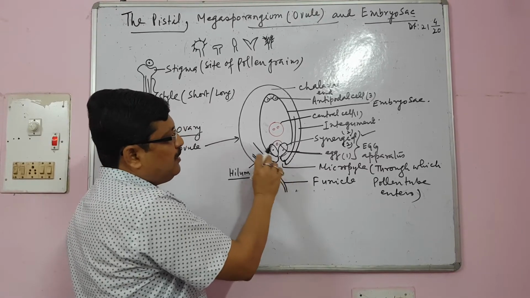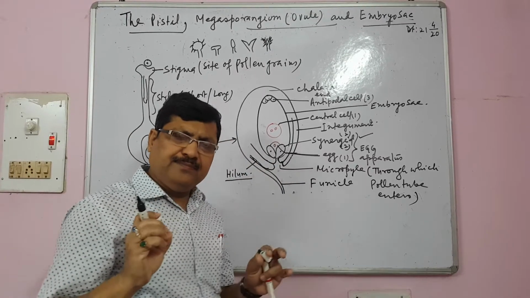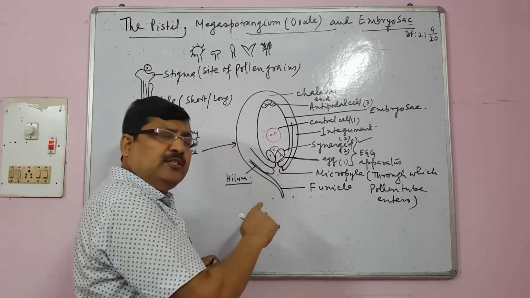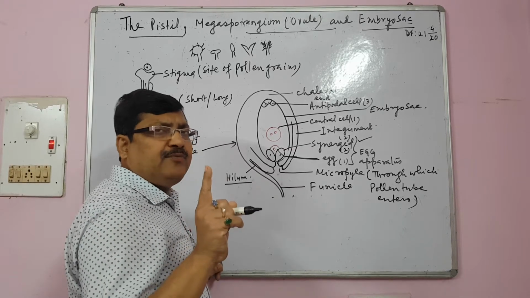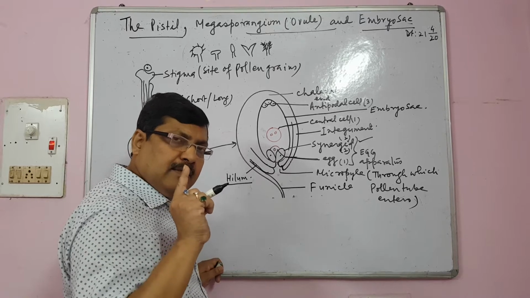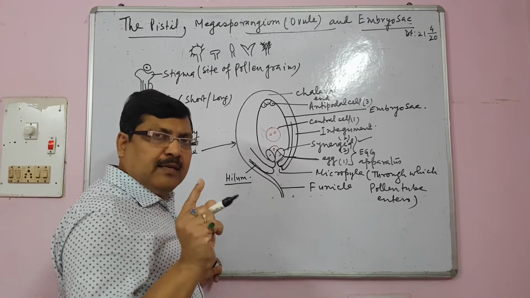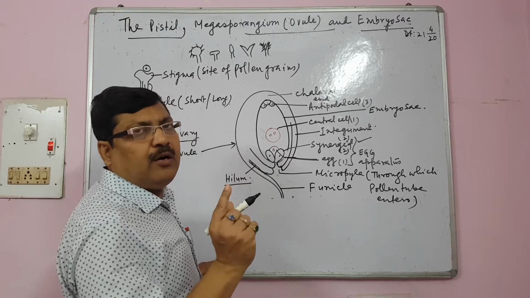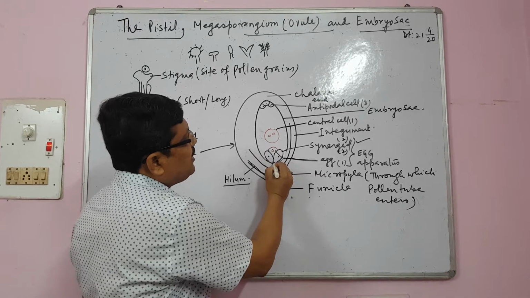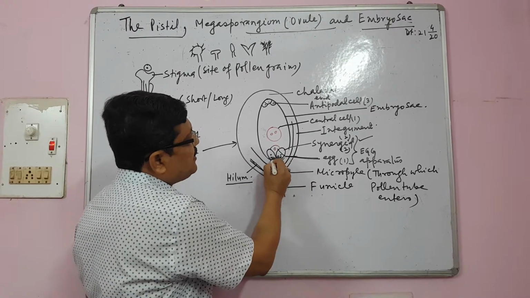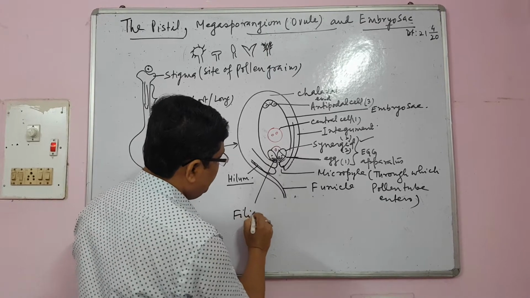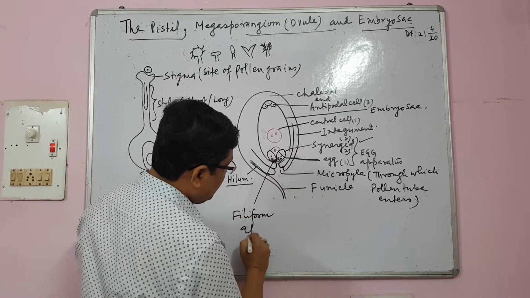And the feature of the synergid is that before the entry of pollen tube, one synergid will degenerate, and the other synergid cell helps in the entry of pollen tube by the formation of a leafy structure that is called filiform apparatus.